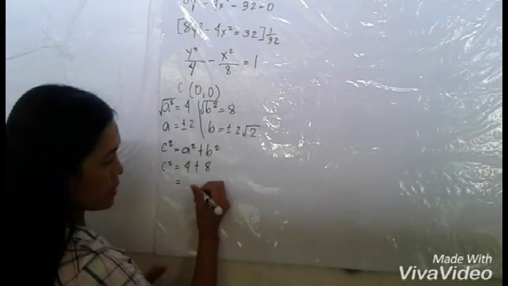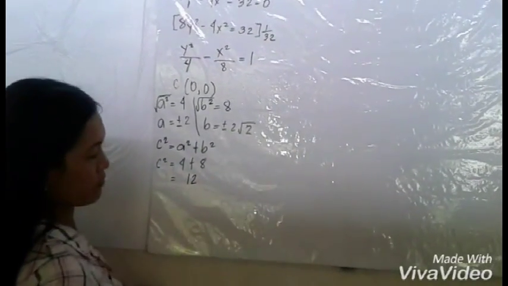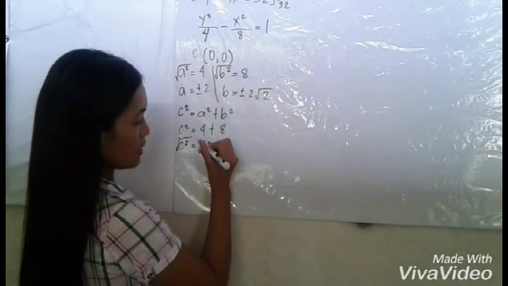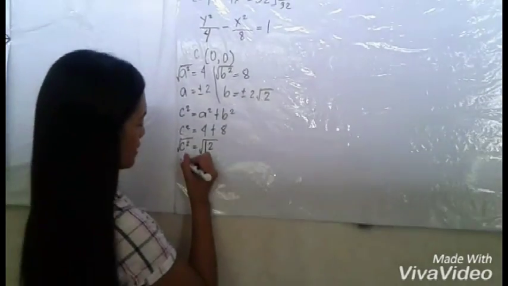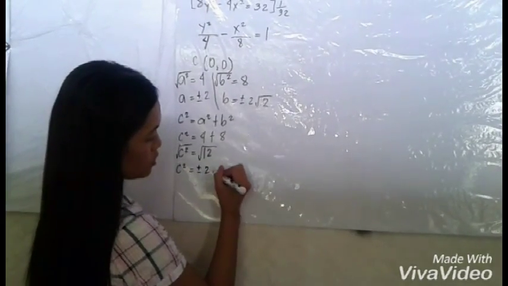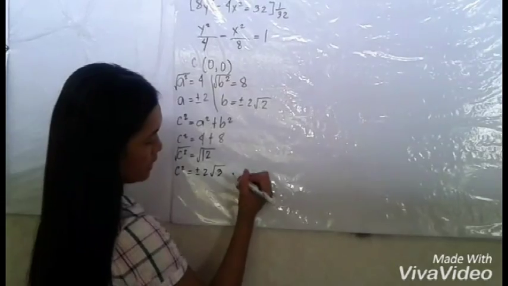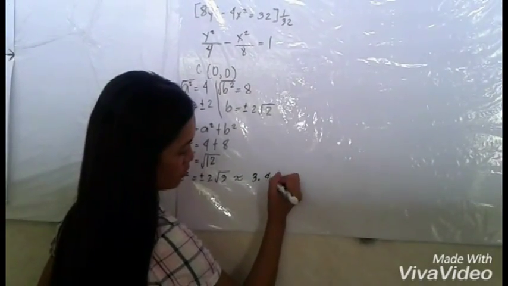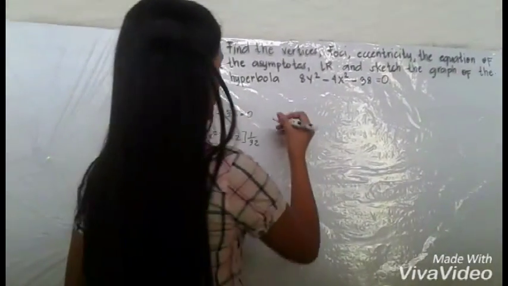Then 4 plus 8 is equal to 12. Taking the square root, c is positive negative 2 square root of 3, approximately 3.46.